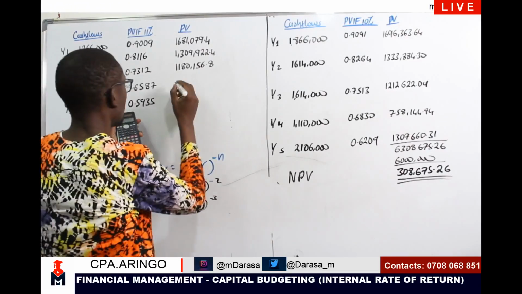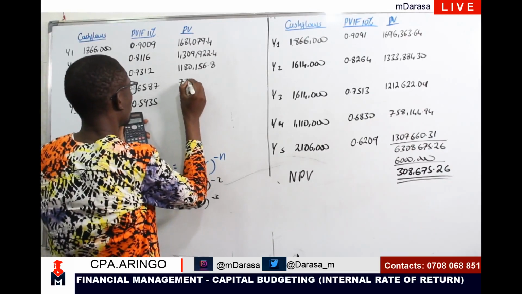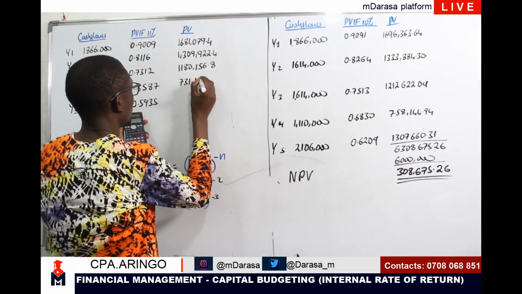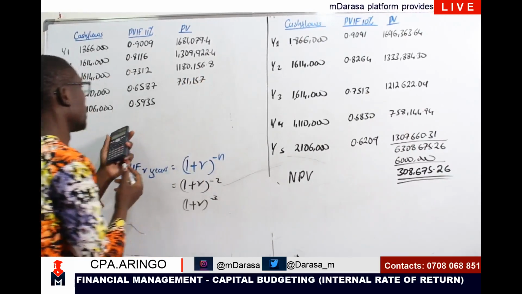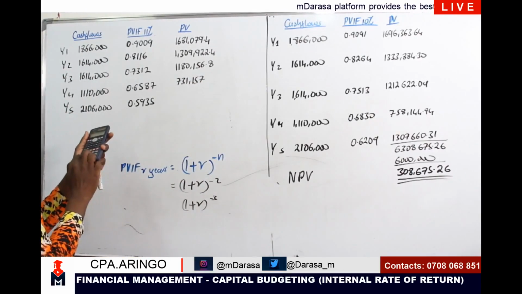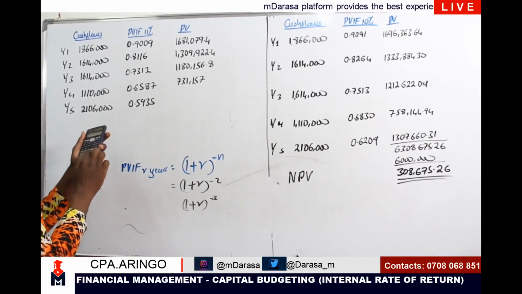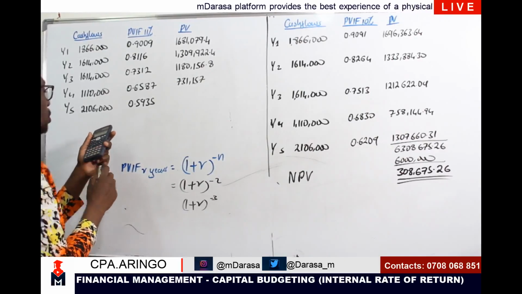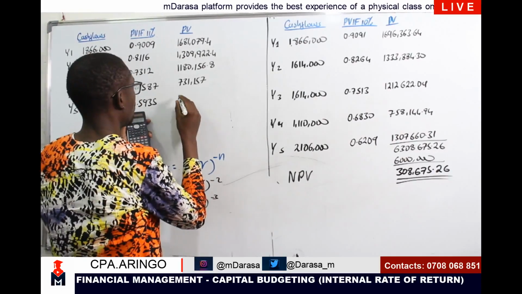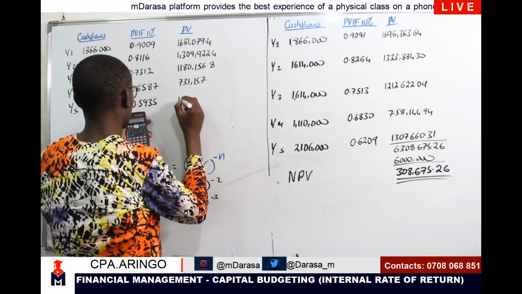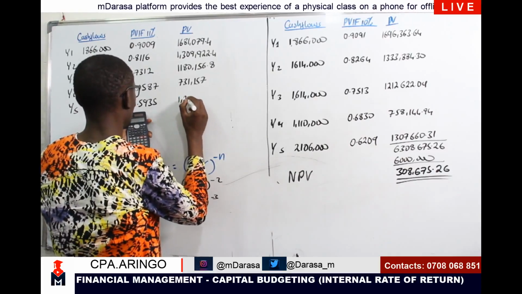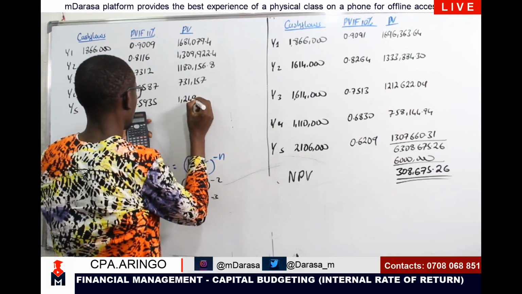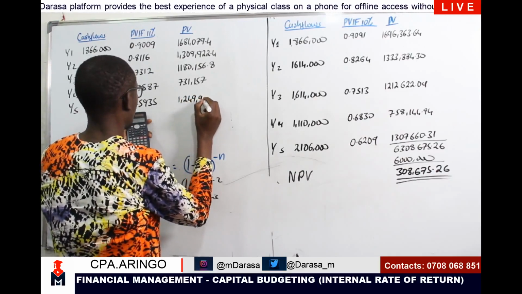This should give us a figure of 731,157. Lastly, 2,106,000 times 0.5935 to give us a figure of 1,249,911.